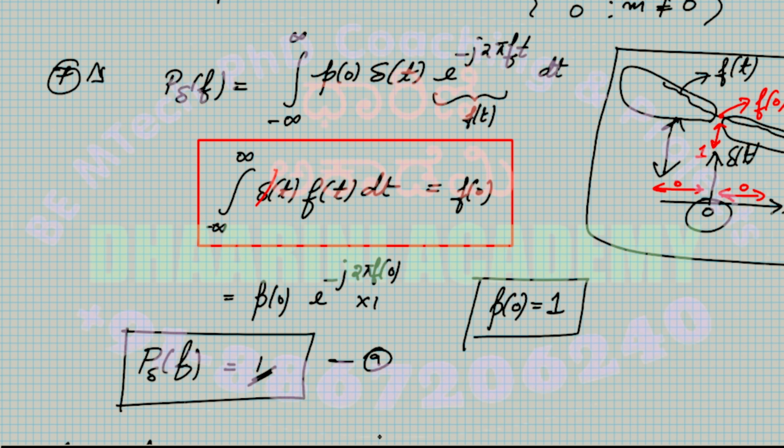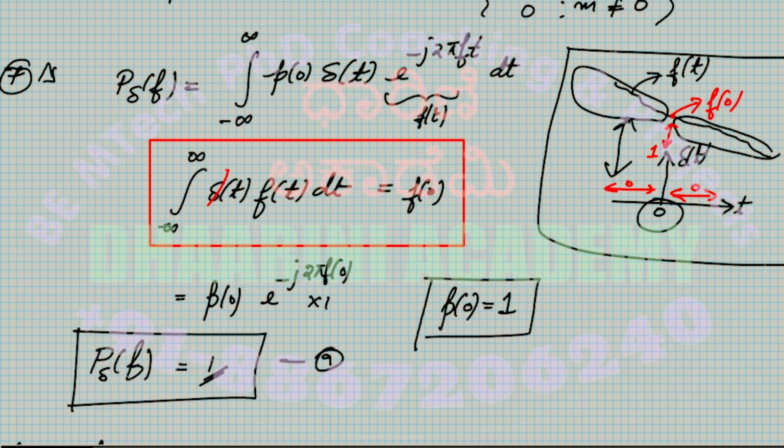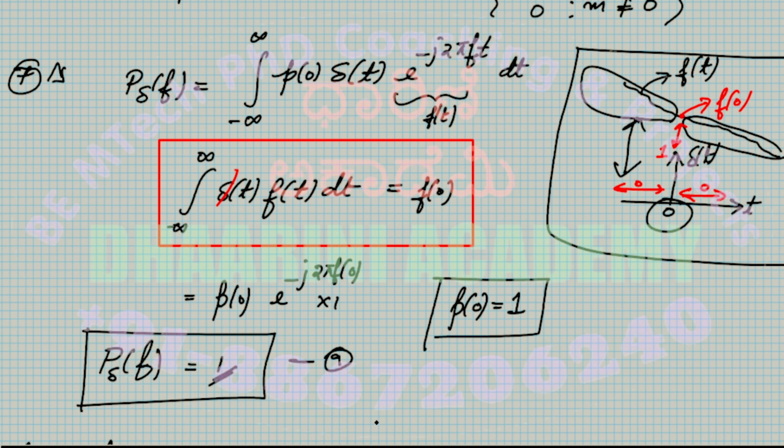But for the time being, I don't want to consider the complex exponential. I will call it some f of t. Now there is a product, a delta function into f of t. On the right hand side you can see a diagram I wrote earlier. The black colored wave is f of t, and on the horizontal time axis at 0, I have a delta function.